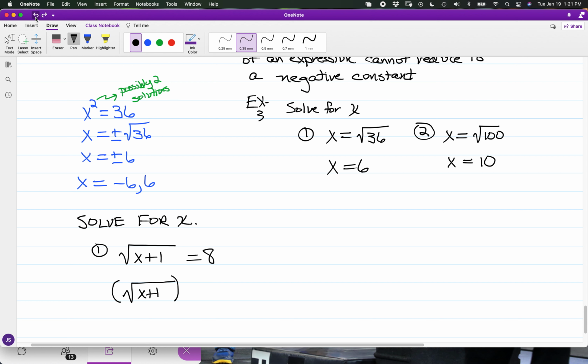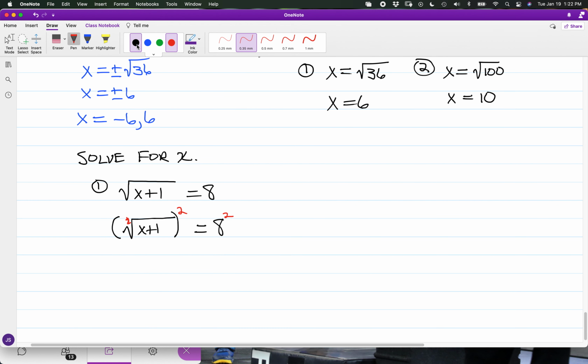Let me just do a little bit of color coding here. So you have implicitly, with the square root, that's like the second root of a number. So like the square root of an expression squared, this will go to the expression that was in the radical.